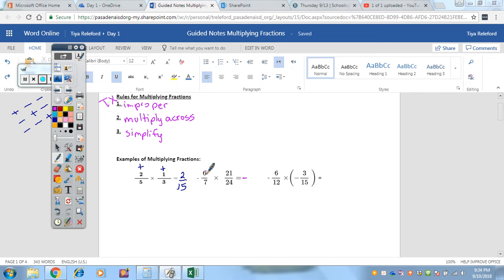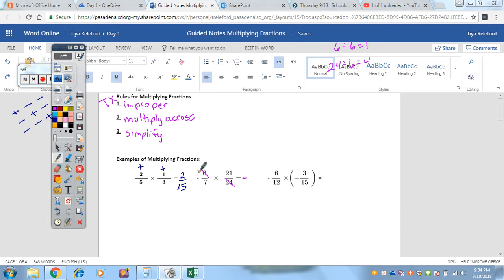So, can I simplify 6/7? No. And I also can't simplify 21/24. But can I simplify 6 and 24? I certainly can, because 6 divided by 6 is 1, and 24 divided by 6 is 4.